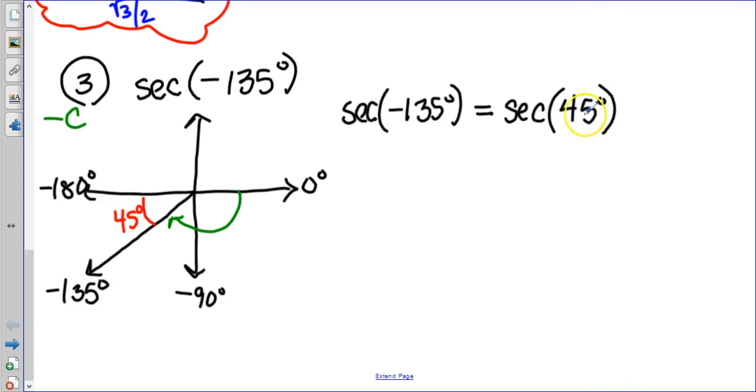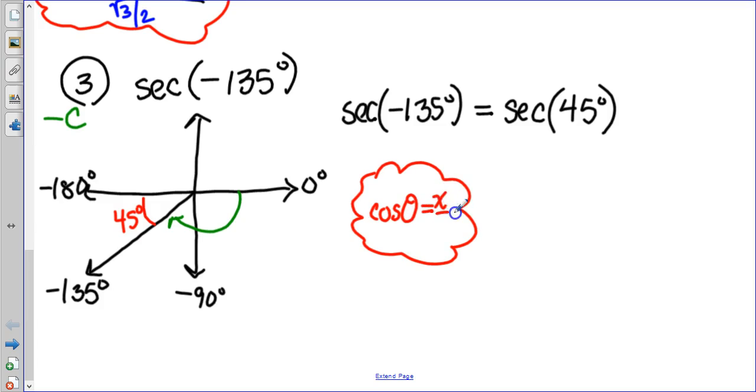Now secant is one of our reciprocal functions. It's connected to cosine. So in my little brain bubble, I'm thinking cosine of theta in general is x divided by r. So secant is going to be r divided by x.